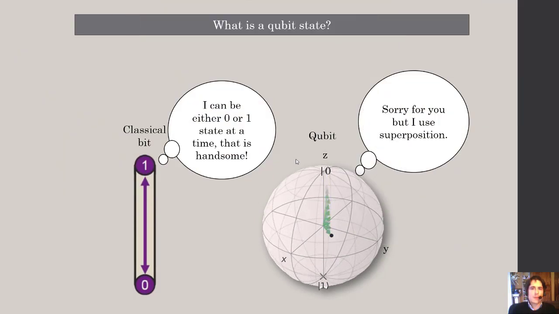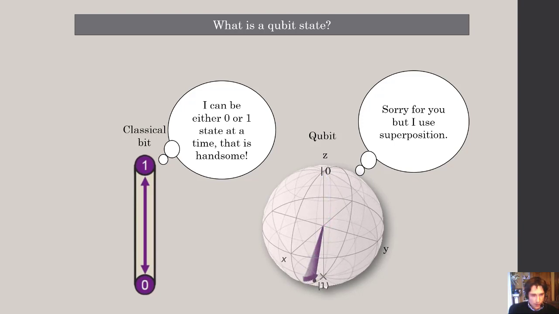So what is a qubit state? Because quantum computers use a qubit to deal with the information. A qubit can be represented by using 0 and 1 states simultaneously.